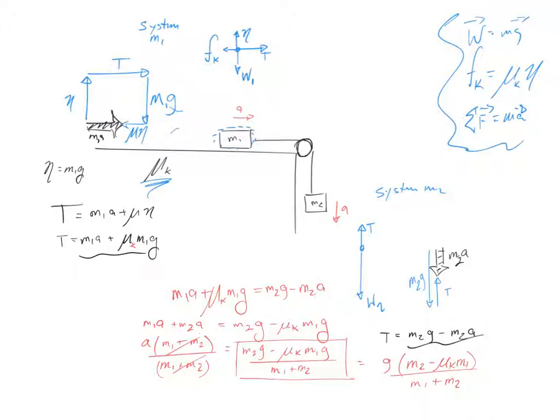That's what's happening with M1, right? So it makes sense that if I increase M1, I'm increasing my denominator, which decreases the acceleration, and I'm subtracting in the numerator. So M1 will serve to decrease my acceleration when it increases.